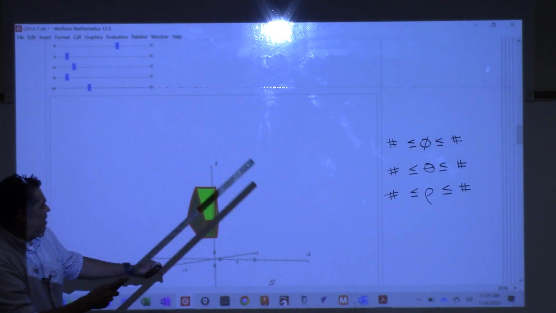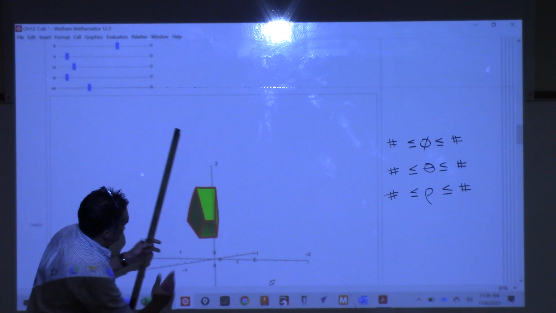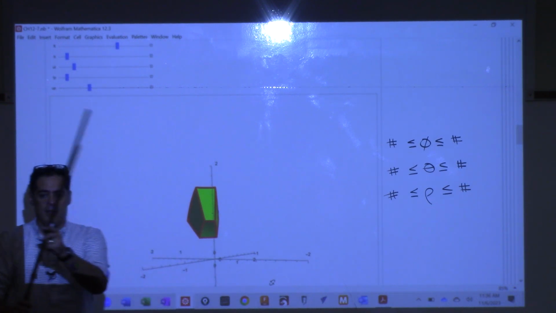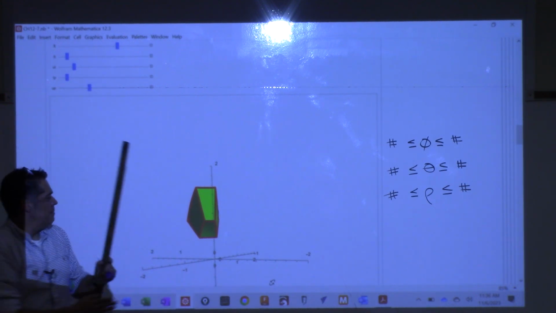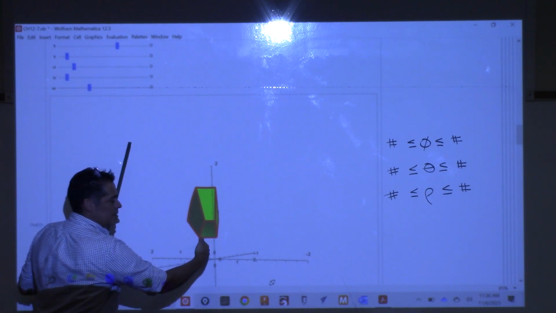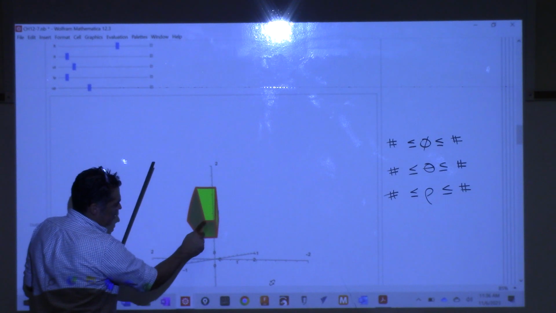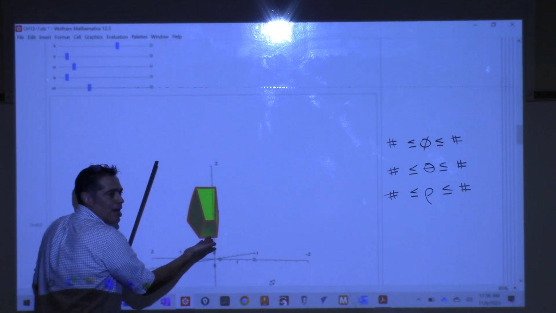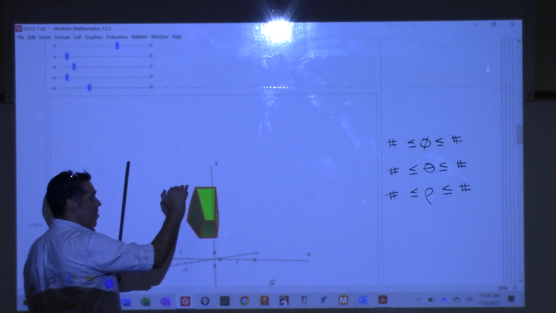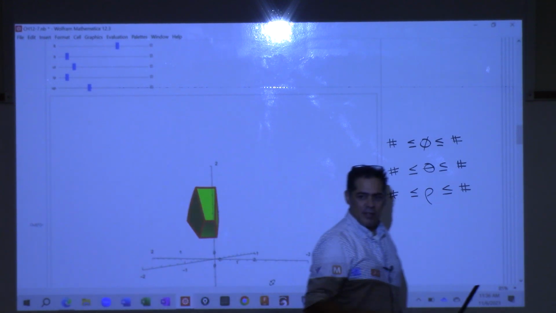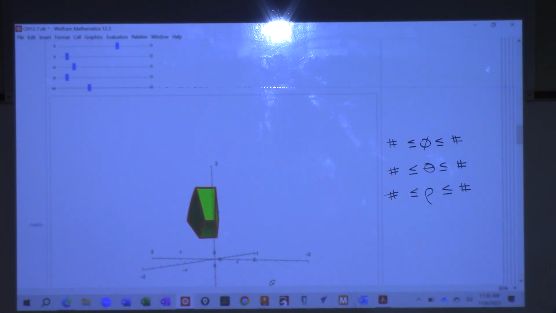My phi goes between two things, right? My theta goes between two things. And then my rho is the in and the out. Do you notice on this front side it's curved in, and on the back side, it's curved out, because it's two spheres, an inner sphere and an outer sphere.